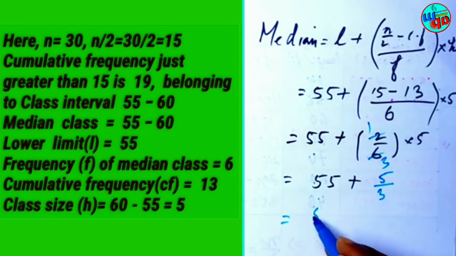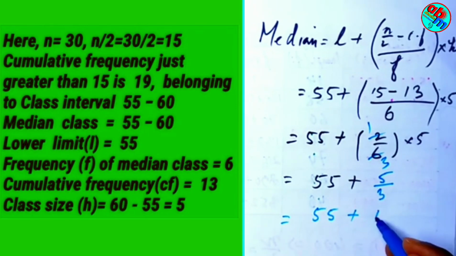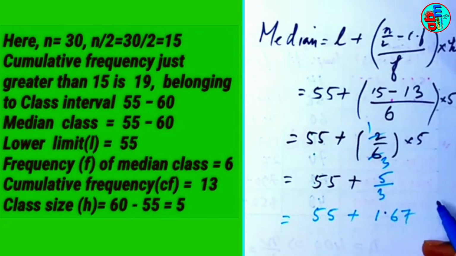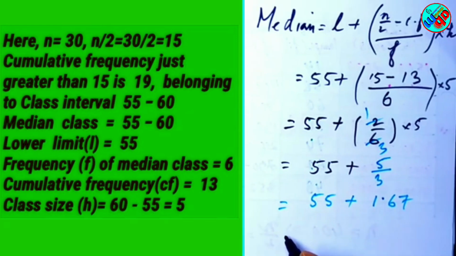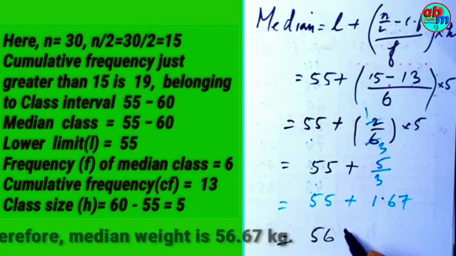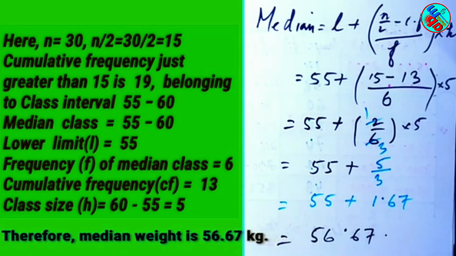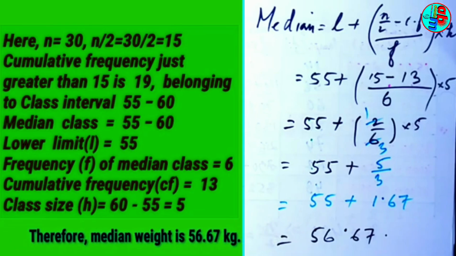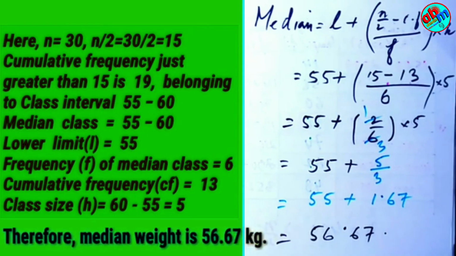After dividing we will get 1.67. So the sum of these two will be 56.67. Therefore the median weight is 56.67, which is our answer.